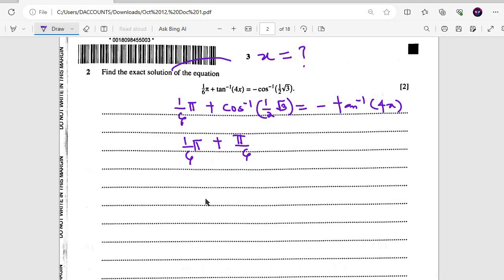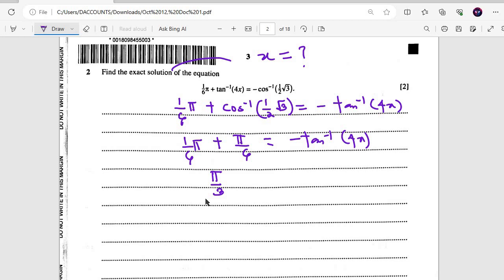It's just looking for cos 30, which is root 3 over 2, so the inverse is pi over 6. So equal to negative arctan 4x. Pi over 6 plus pi over 6 gives pi over 3.